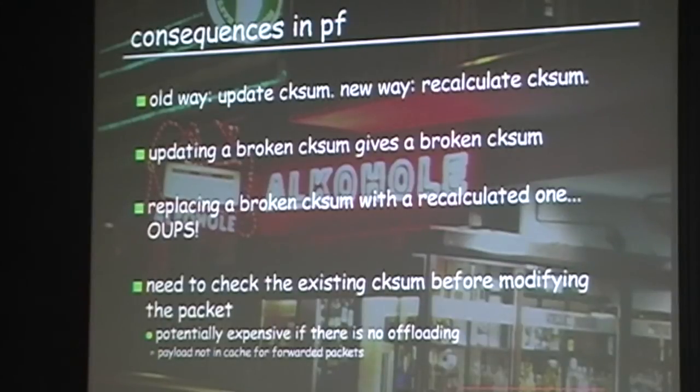But if you do all these changes and just set the flag, oh, this packet needs checksumming, and the engines at the end recalculate the checksum, the checksum is valid. We just fixed it. Oops. That's not supposed to happen. So before rewriting the checksum, you actually have to verify it. And unfortunately, this is potentially expensive because it covers the entire payload.